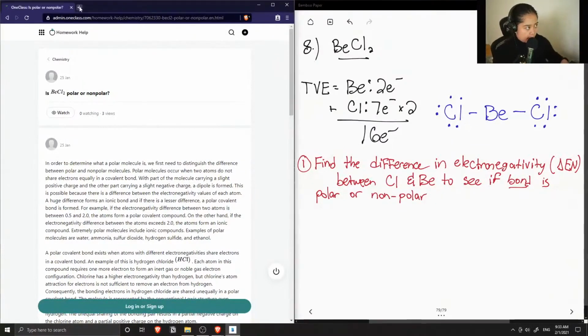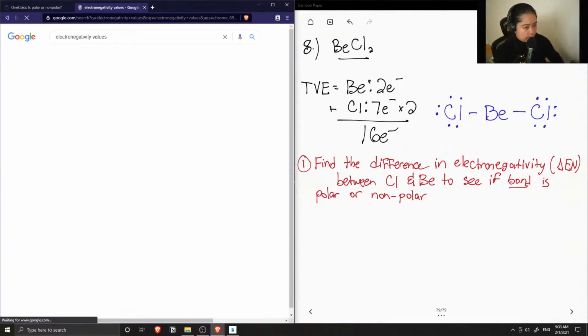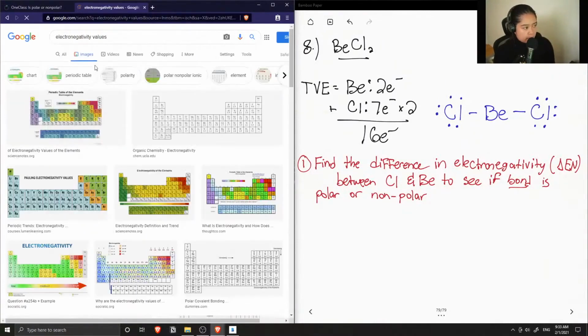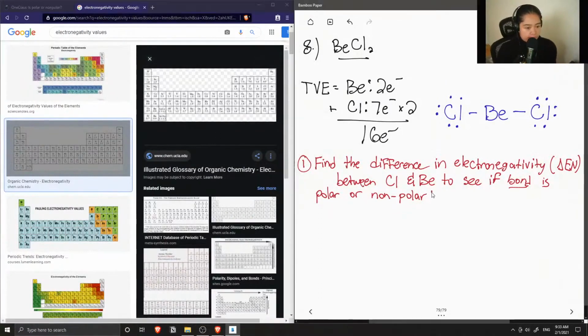Okay, so let's look up the electronegativity values for these 2 atoms. So the delta EN of chlorine and beryllium. So beryllium has an electronegativity of only 1.5 and chlorine's is 3.